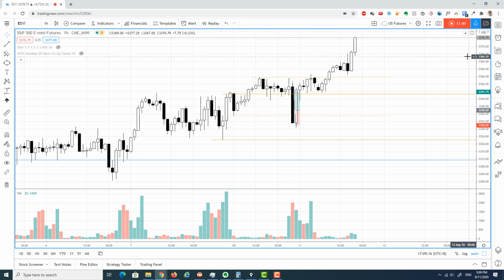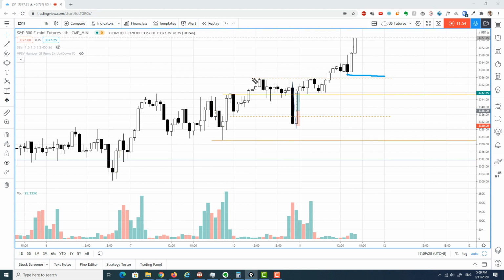The current potential setup that I can anticipate should be somewhere around this level, based on this non-RTH low, coinciding with the swing high level at around 33.55.